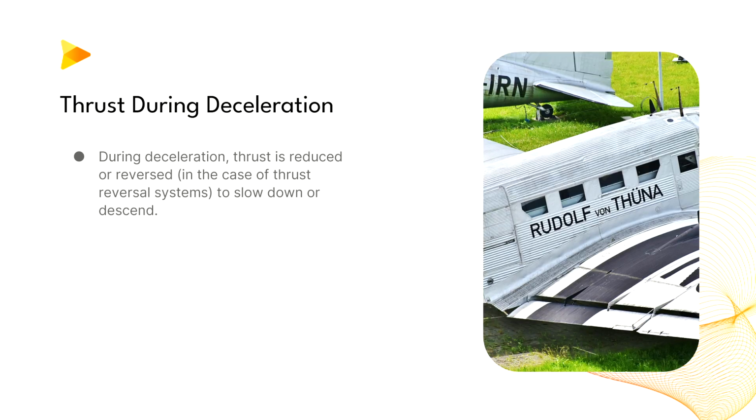So thrust during deceleration. During deceleration, thrust is reduced or reversed, in the case of thrust reversal systems, to slow down or descend. So in here, when you have lower engine power, it means you have reduced thrust.